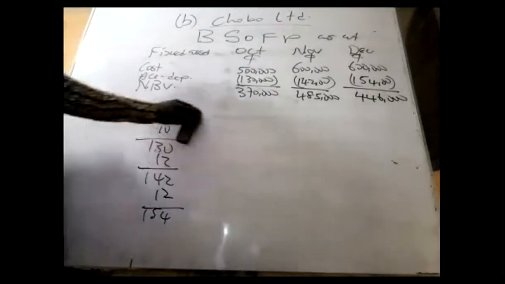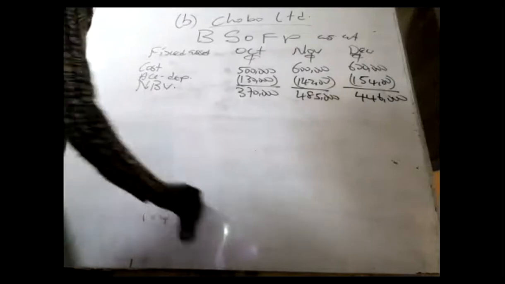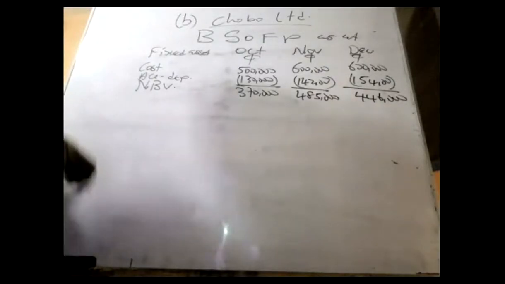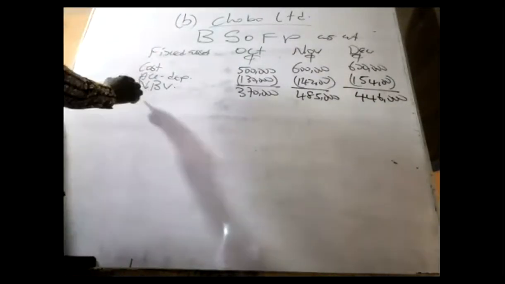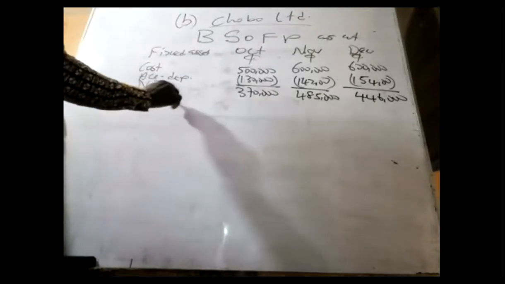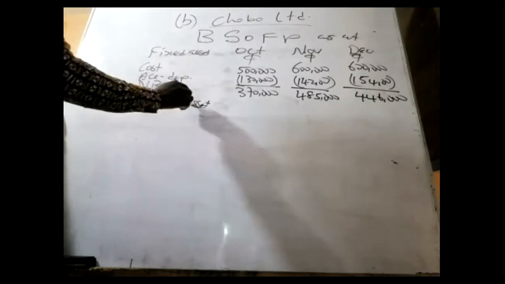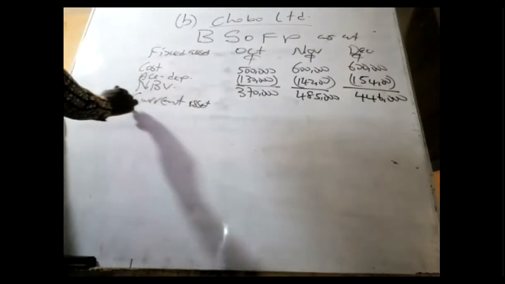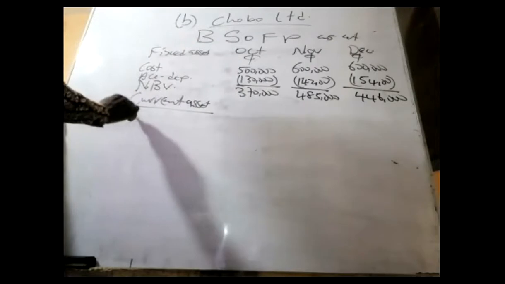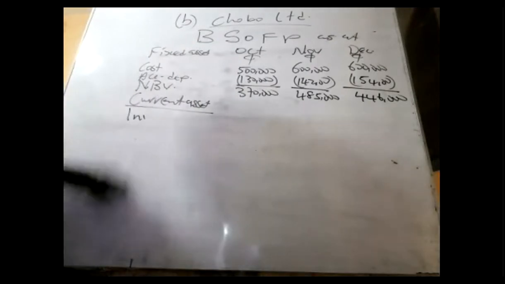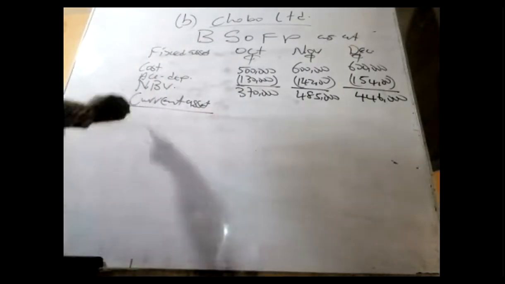Now let's go to current assets. Underline it and start from your inventory. In fact, they call it stock.